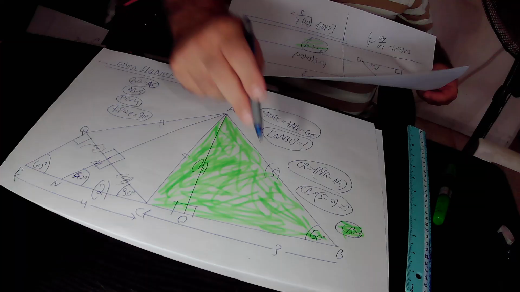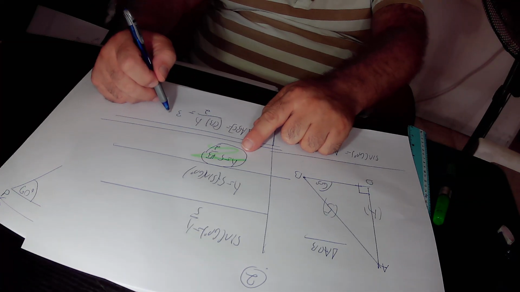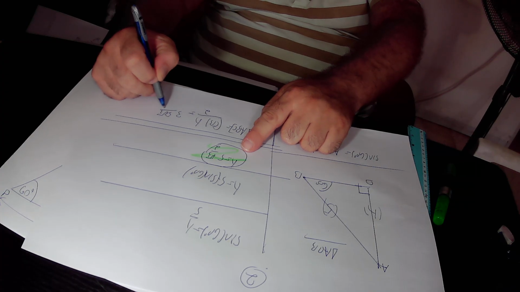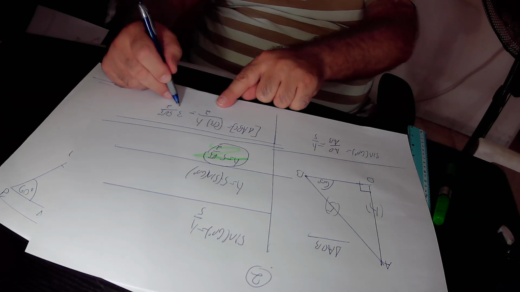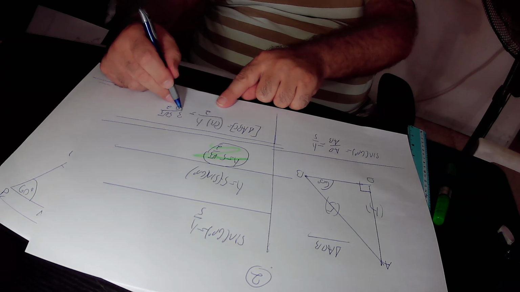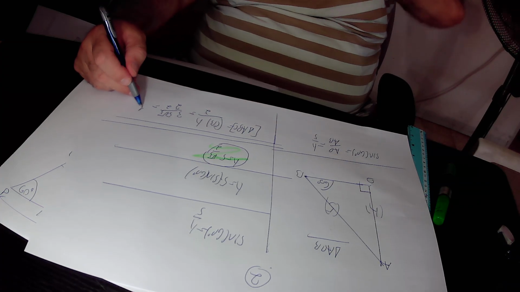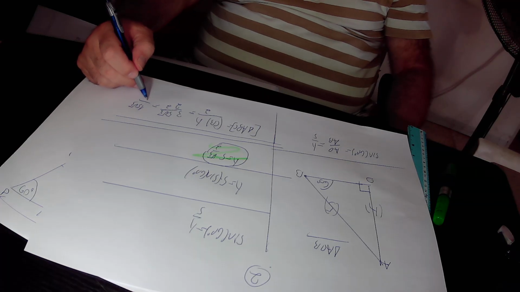CB equals 3 units in its length. We just found that H equals 5 times square root of 3 over 2, and we have to divide the expression by 2. So in the numerator in total we have 3 times 5, that is 15, times square root of 3, over 2 times 2, that is 4.